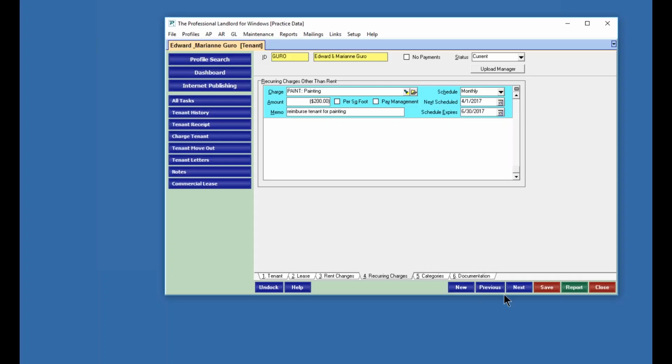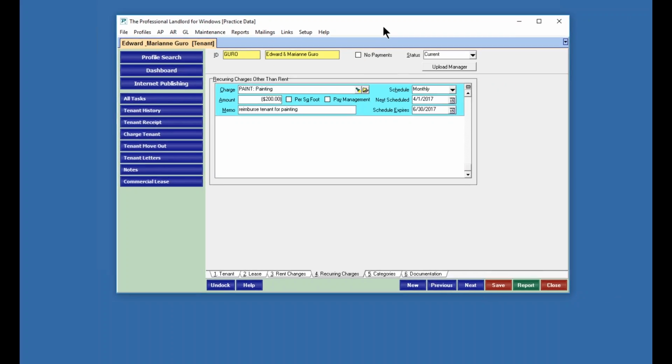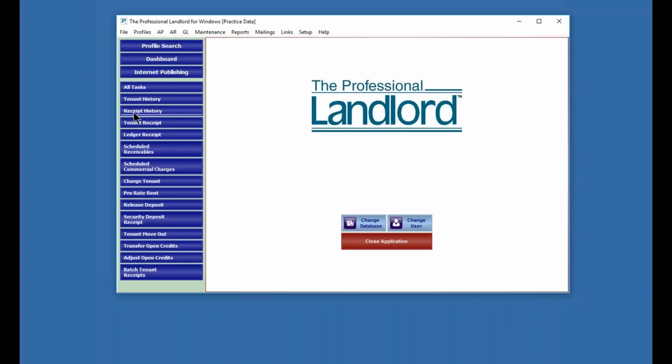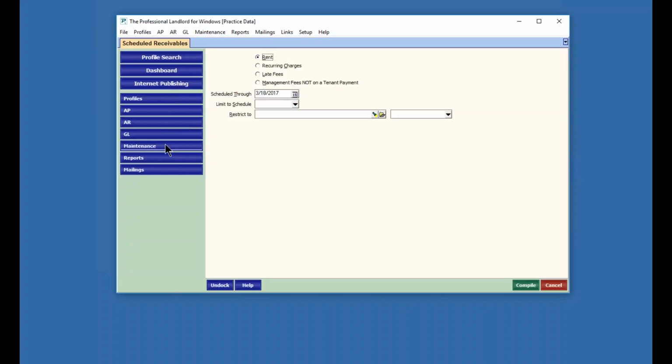Okay, when we go ahead and save this now, what's going to happen is the next time we charge the recurring charges, the tenant's going to get the credits. So when we do that in April, we do it at the same time we charge the rents. So under accounts receivable, scheduled receivables, recurring charges, and if we do the recurring charges for the month of April, so I have to make the date a day in April and compile that.